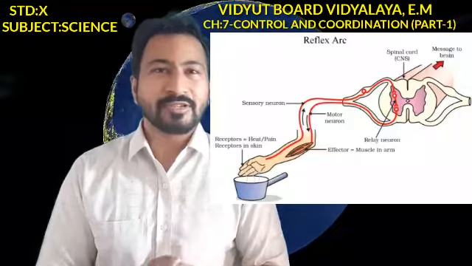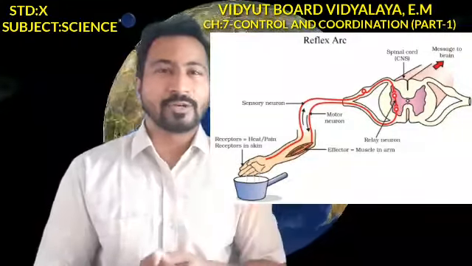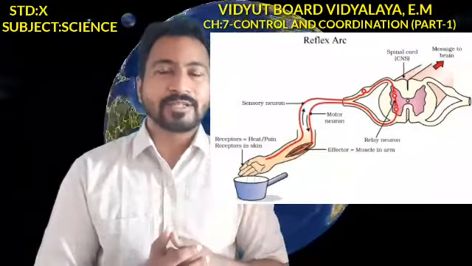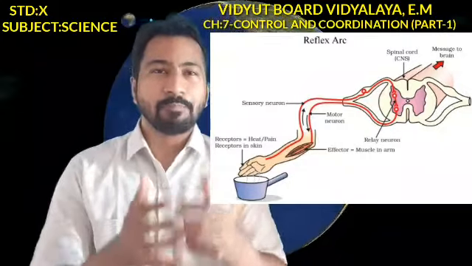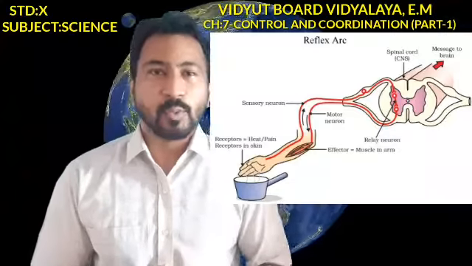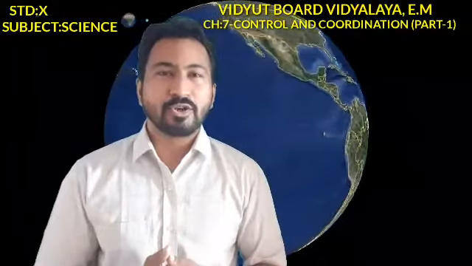The information from the sensory organ, that is the skin, to the spinal cord is carried by the sensory nerve, and the information from the spinal cord goes to the muscles by means of the motor nerves. Let us understand this entire reflex action and the structure of a neuron with some animations.